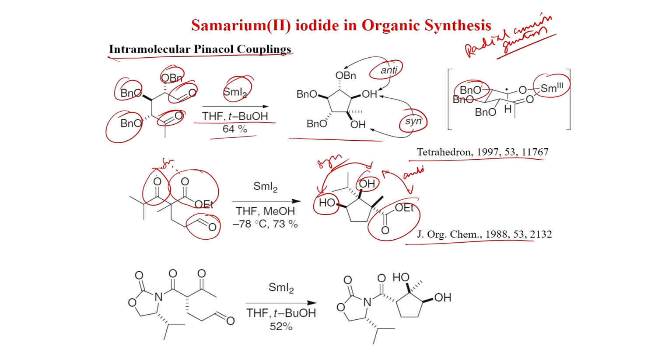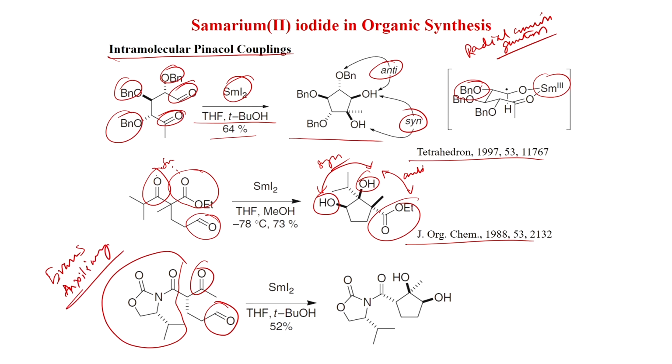Also, you can see this aldehyde and ketone are present, and an Evans auxiliary is present. This is the Evans auxiliary, oxazolidinone. So, this is a chiral compound.